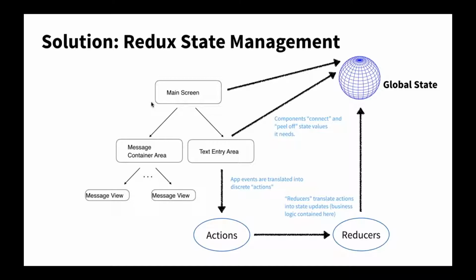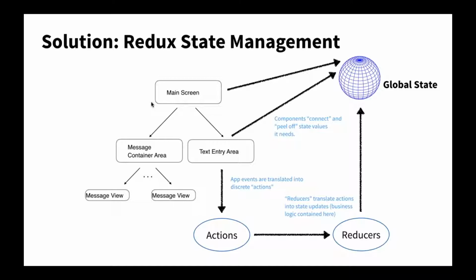And what happens is the way this global state is updated is that actions are taken on your app, in this case, you're entering a text message, and those are reduced into state updates. And really the reducers are the objects that contain the business logic.